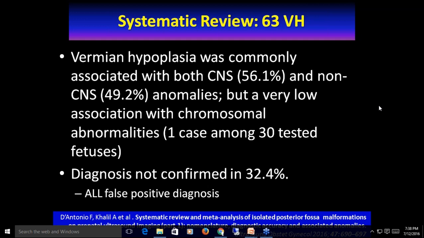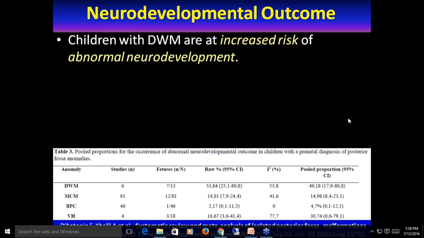Diagnosis was not confirmed in approximately 32% of the cases. All of these cases were false positive diagnoses. Children with Dandy-Walker malformation are at an increased risk of abnormal neurodevelopment.